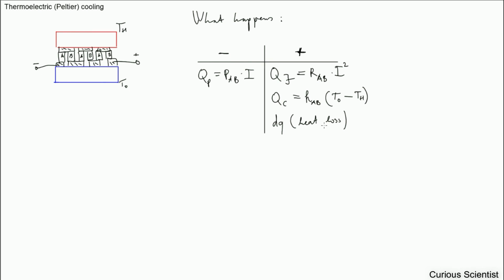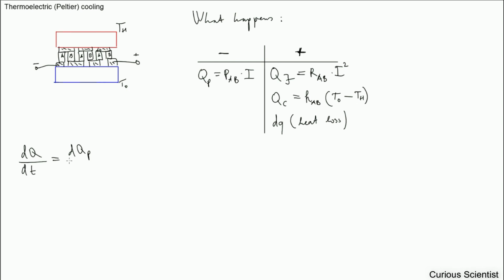So then we can put this together. The heat which is pumped out from the cold part of this device can be described with the following equation. So this is the heat at each time, let's say.